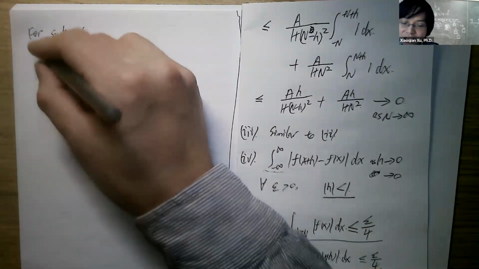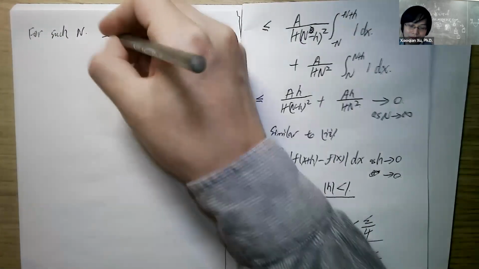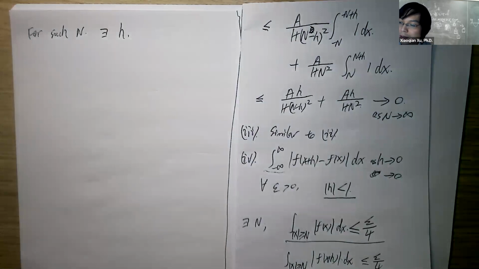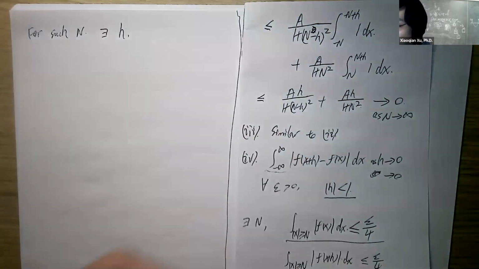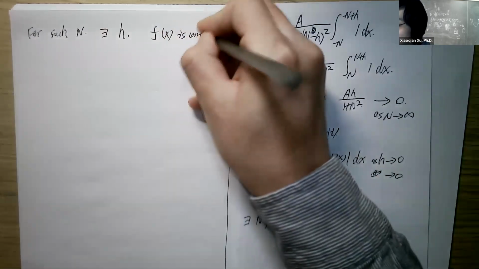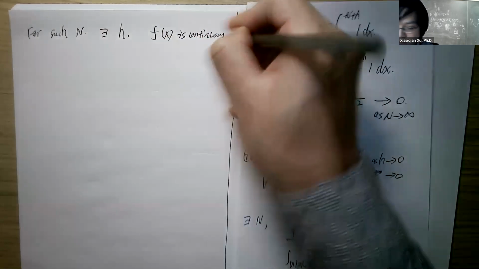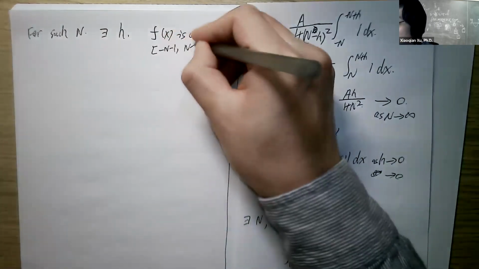Okay, for such n, there exists some h, because you know that f(x) is continuous on the interval from minus n minus 1 to n plus 1.